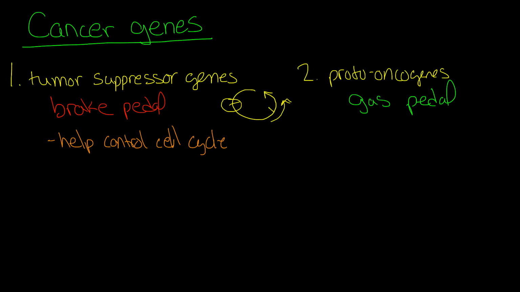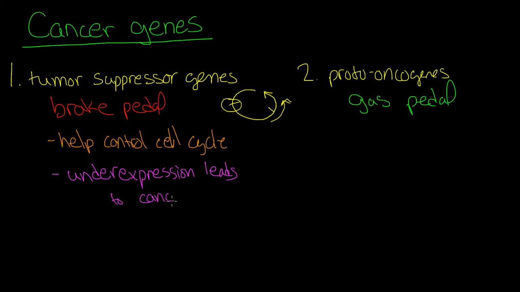And so a really important idea here is that for tumor suppressor genes, it's underexpression. Underexpression of tumor suppressor genes leads to cancer.